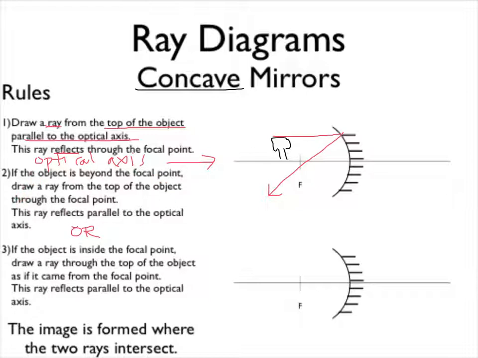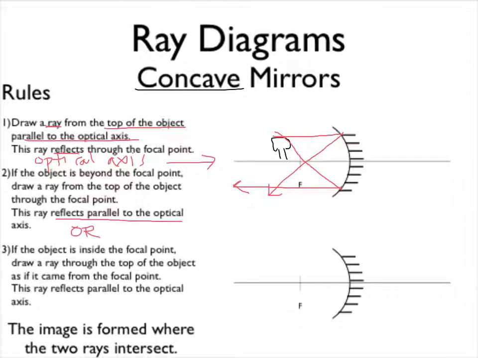We're going to draw a ray from the top of the object through the focal point. And so from the top of the object through the focal point, when it comes in contact with the mirror, it's going to reflect parallel to the optical axis. And so it's going to reflect this way.